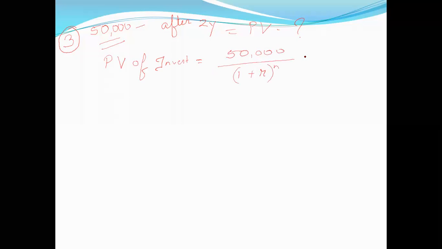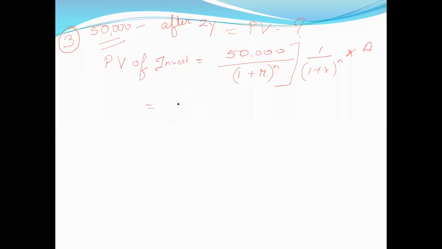Or you may have studied it this way: 1 divided by (1 plus r) raised to n, into the amount. This is what Prag sir might have taught you for calculating present value. Since it is 1, I have directly multiplied 1 into the amount. My amount is 50,000, and accordingly I will be able to find out my present value.